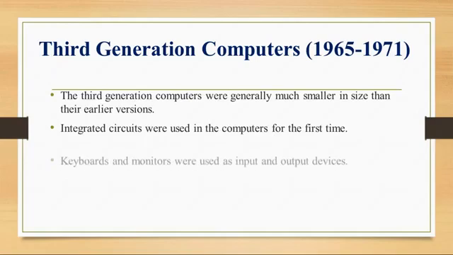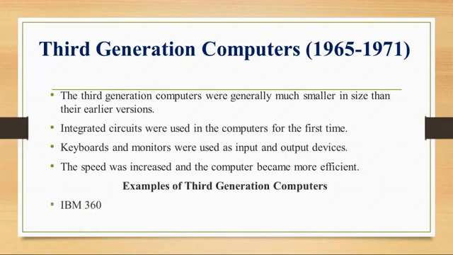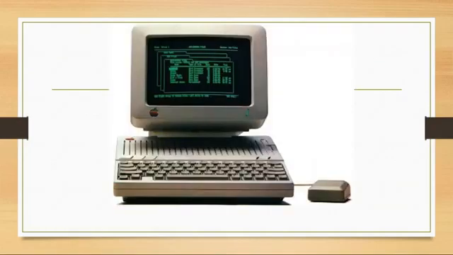The speed was increased and the computer became more efficient. Well, the examples of third generation are IBM 360 and Apple IIc. Okay, here I'm showing the picture of third generation computer.